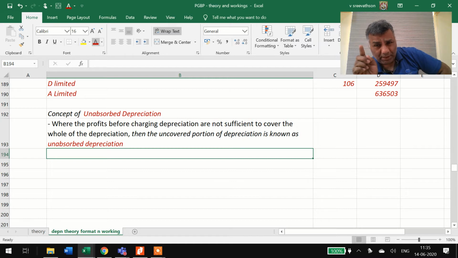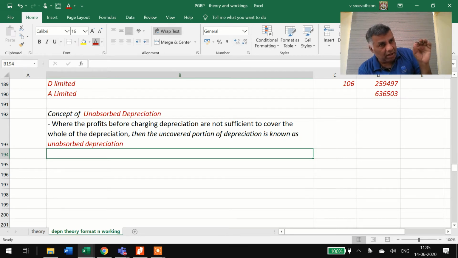So that 1 lakh by net loss you have put, round it off and put an arrow mark somewhere. Under income tax law, this will be known as unabsorbed depreciation. So what is unabsorbed depreciation?